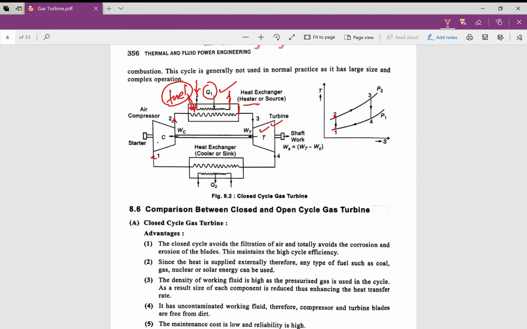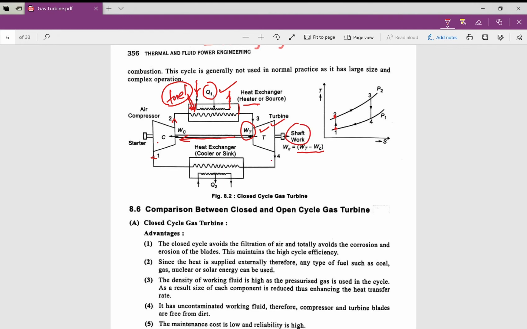Now, in this gas turbine, work is produced, that is called turbine work. Again, around 80% of work is supplied to the compressor to run it, and the remaining, that is Wt minus Wc, is supplied for other purposes to run the machine.